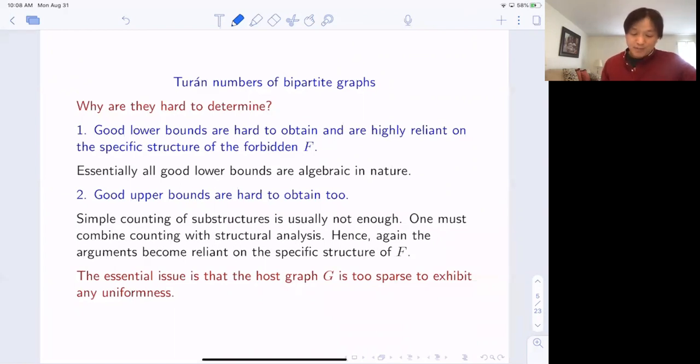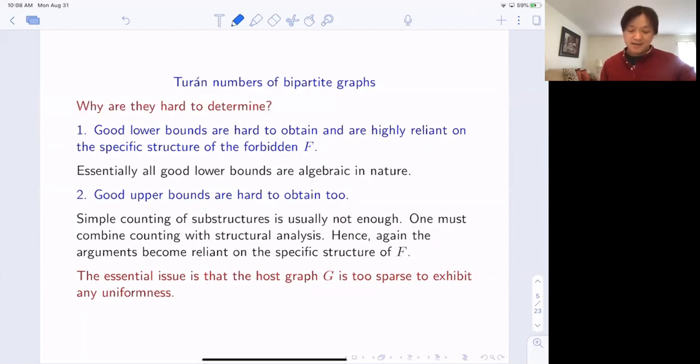Also, good upper bounds are hard to find too. Earlier in the non-bipartite case, I gave you a simple counting argument using supersaturation of K_p. But here, you may try to count some substructures, but there are difficulties. One is it's not quite clear what the correct substructures to count are.